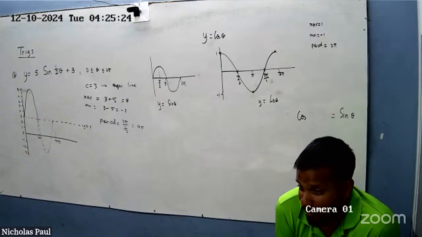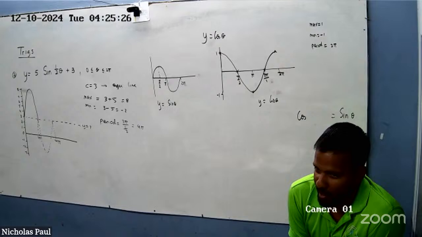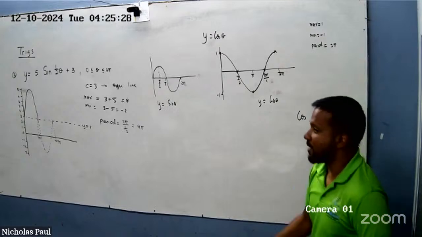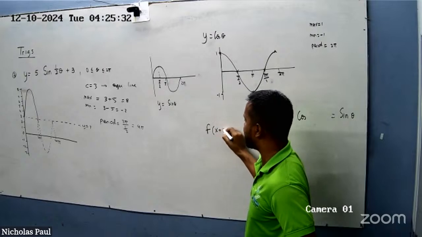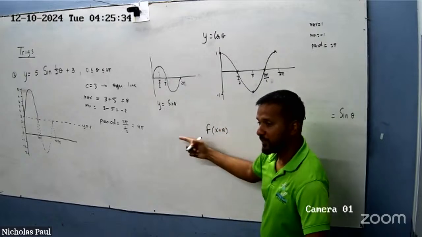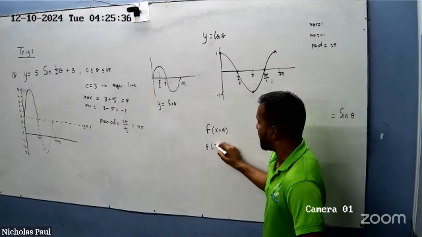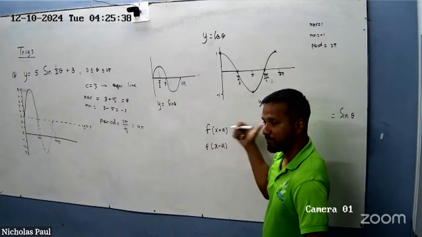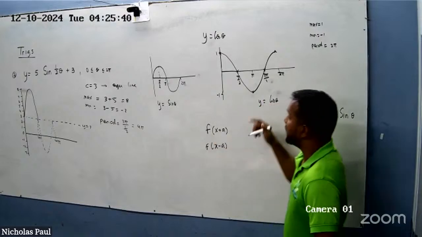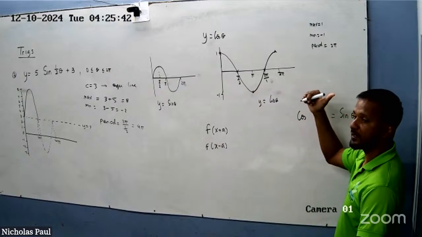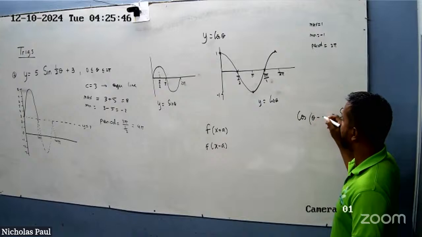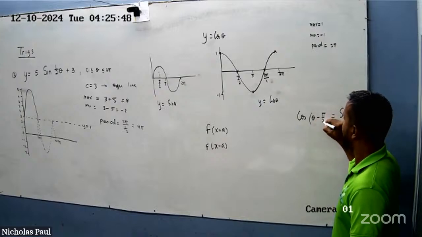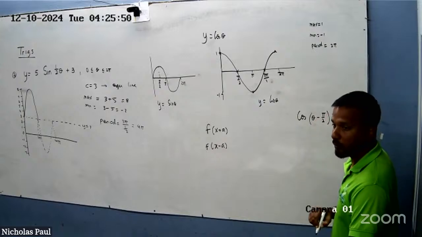You remember that? If you have, for example, f of x plus a, it will shift to the left. If you have f of x minus a, it will shift to the right. So if I shift this to the right, it will be theta minus pi on 2.